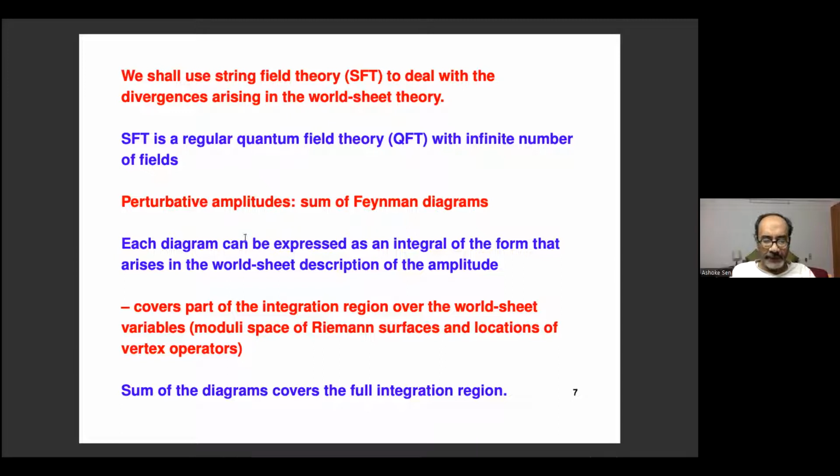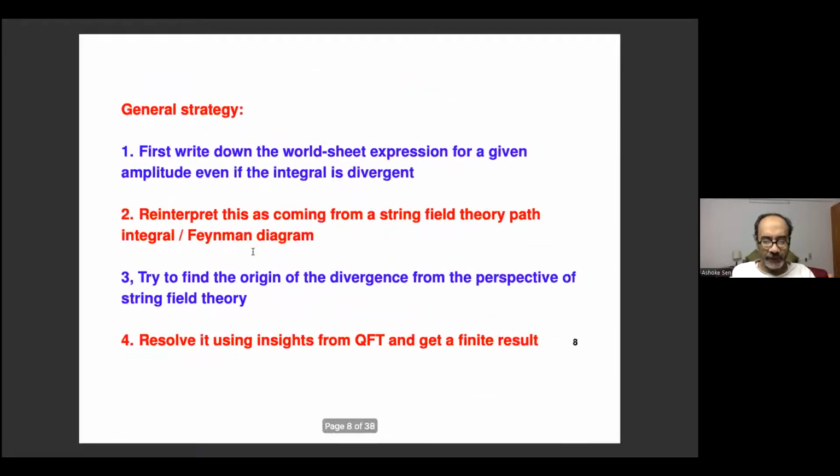So now let me describe why it helps in solving divergences. The general strategy that one follows in making use of string field theory is to first write down the worldsheet expression for a given amplitude, even if the integral is divergent.